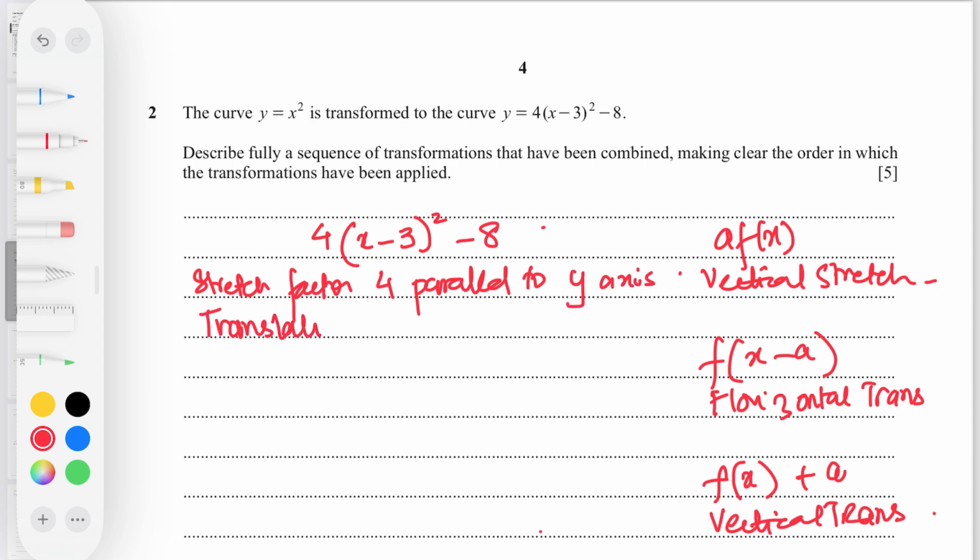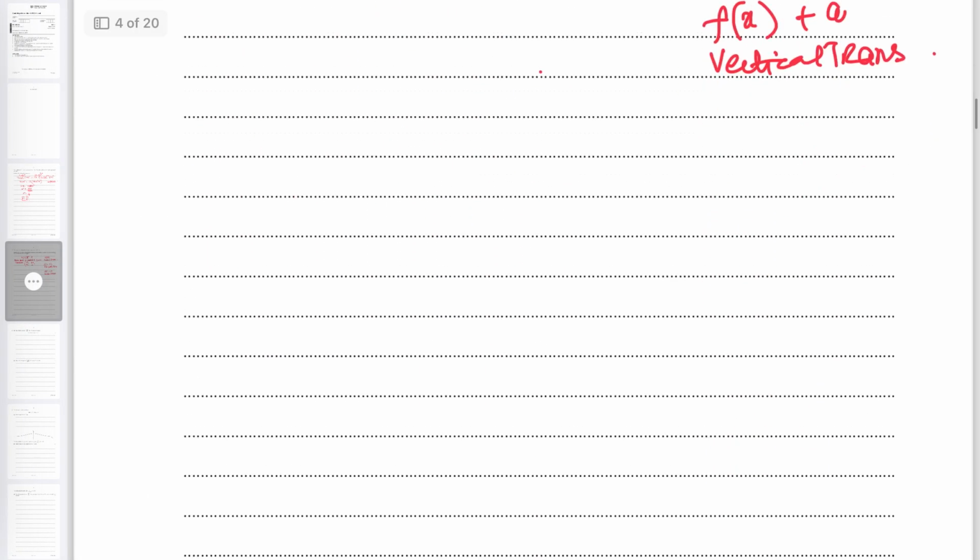Translation. Horizontal translation is of +3 because over here I've written a -3. A -3 means 3 units to the right, because horizontal translation has the reverse sign. So I hope this is clear. Let's move on to the next question.